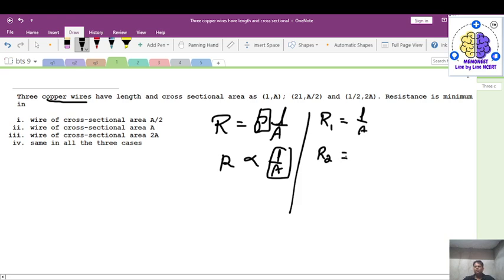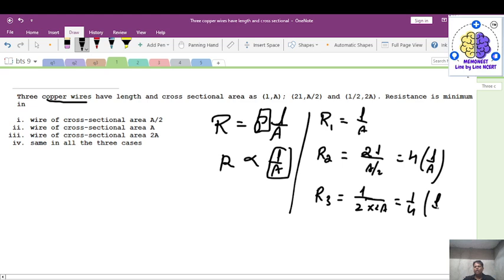R2 will be equal to 2L upon A by 2, which is equal to 4 times L by A, right? Then we can say that R3 is equal to L by 2 into 2A, which we can write as 1 by 4 times L by A.